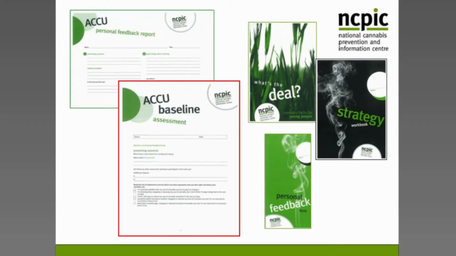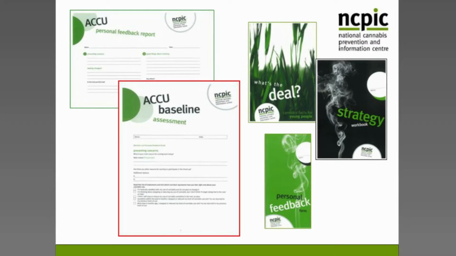And then that other book, What's the Deal, is given to them either at the end of the assessment session or in the following week, depending on where they're at in terms of readiness to change. And then the black book, the strategy workbook, is given to clients who are actually wanting to do something about their cannabis use. They work through that book with you over the course of a third, optional session.